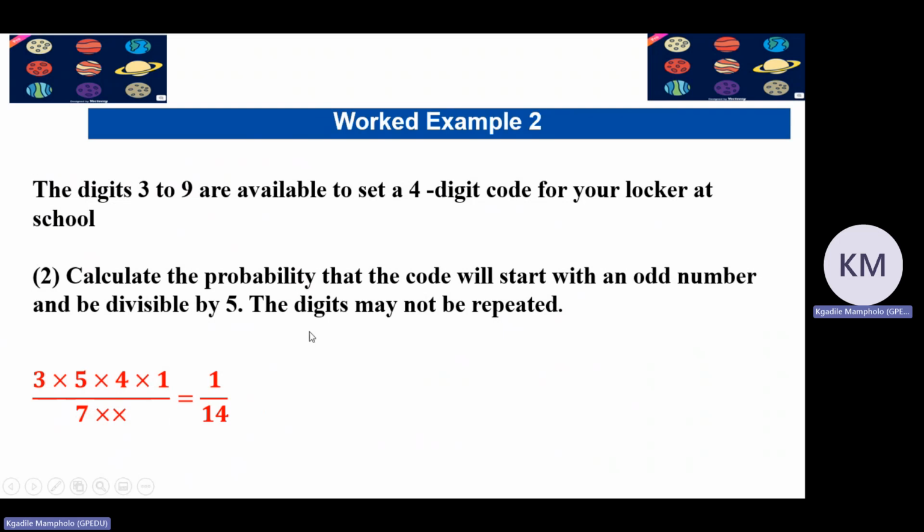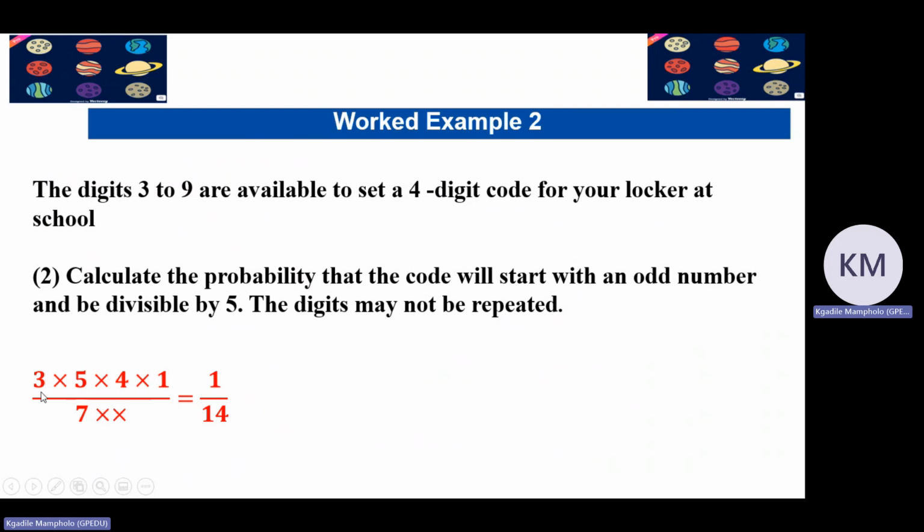To get our total, because we talk about a 4-digit password and use 7 digits, and repetition is not allowed, the denominator will be 7 times 6 times 5 times 4. The answer will be 1 over 21. Please rectify that.